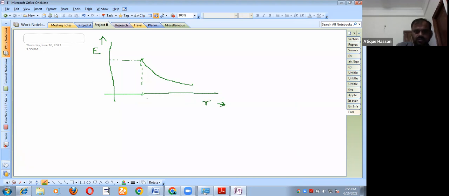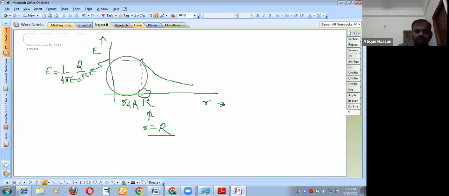This is R, and this R represents the surface. So here the value of electric field will be equal to 1 by 4 pi epsilon naught Q by capital R square, because this point represents the surface, where r equals capital R. In this region, r less than R, there is no field, zero field.